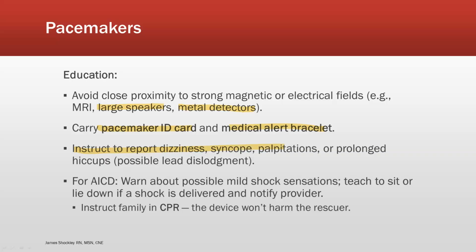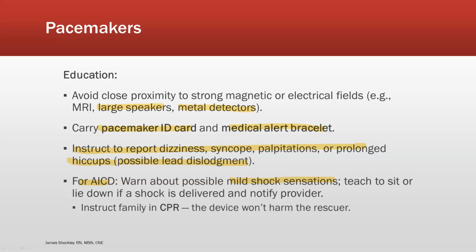If you start to have signs and symptoms of ineffective tissue perfusion or ineffective cardiac output, you need to let somebody know, because there are certain issues, and a big one is lead dislodgement. If it's an AICD, you may feel a mild shock sensation.